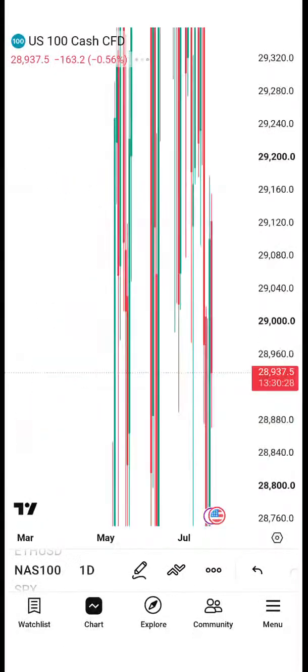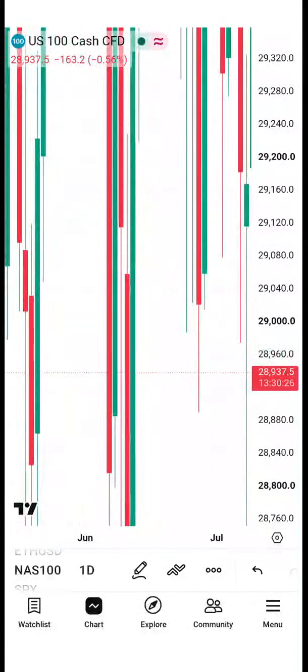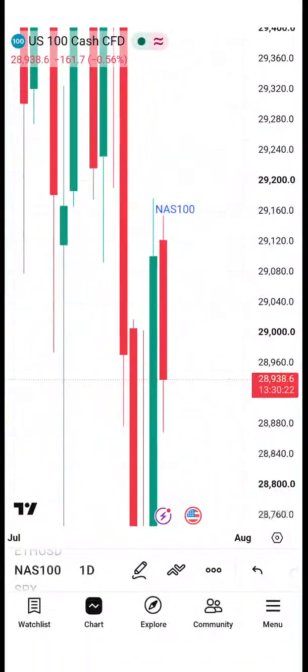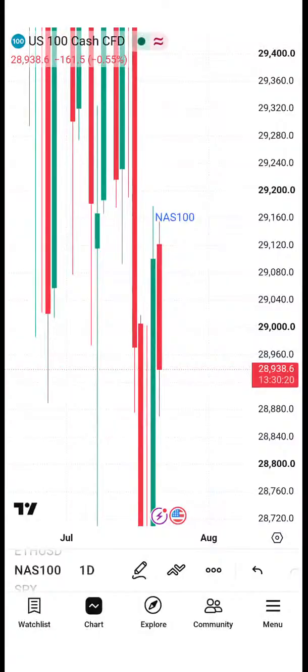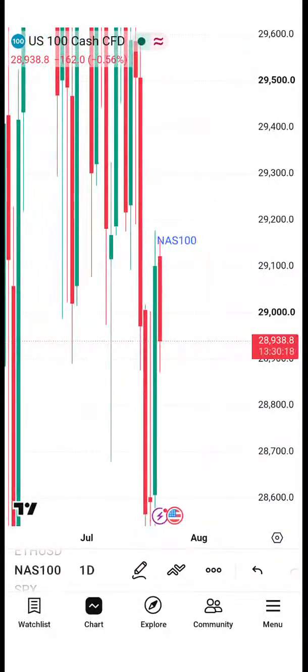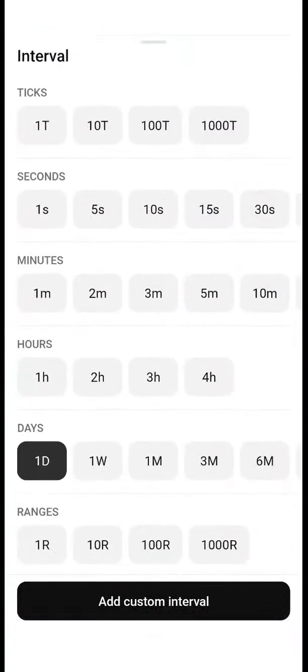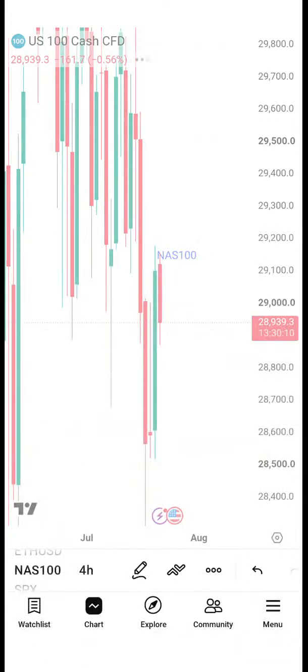Start from the daily time frame. It's nothing much on the daily. Let's move to the 4 hour.